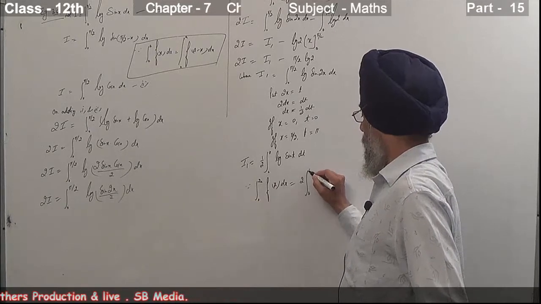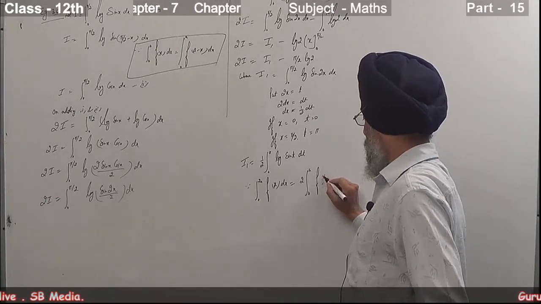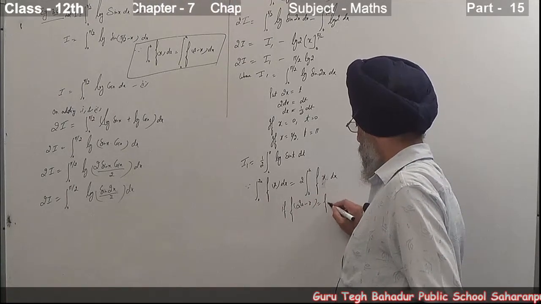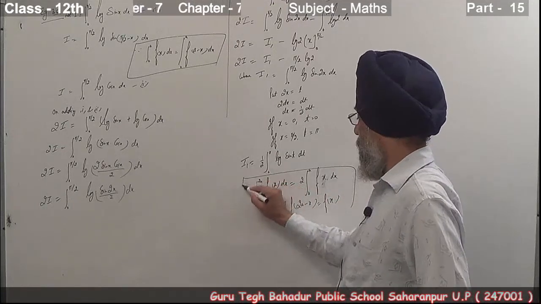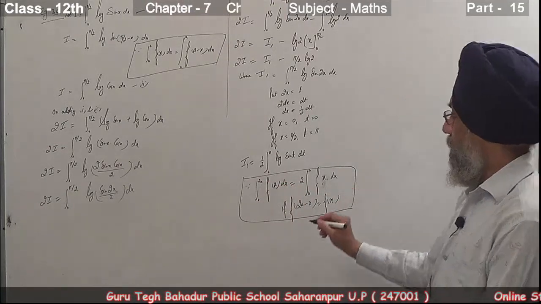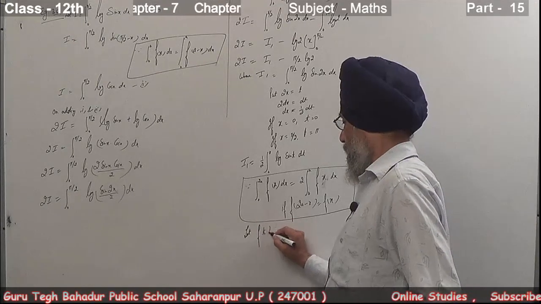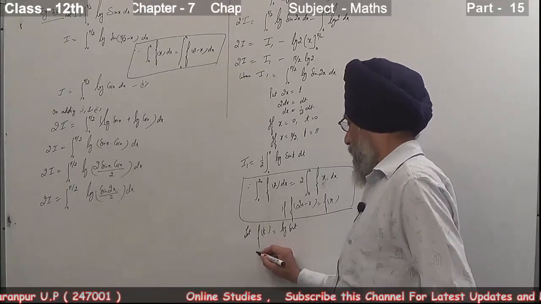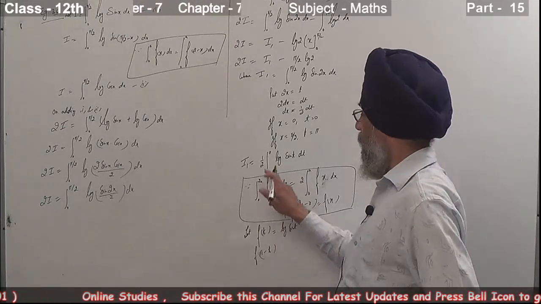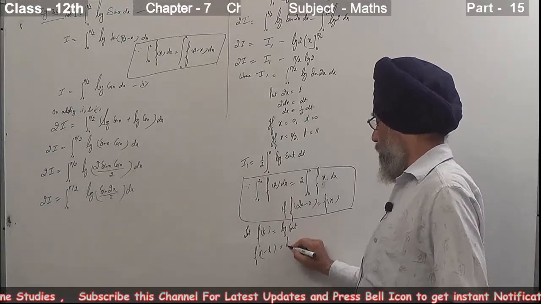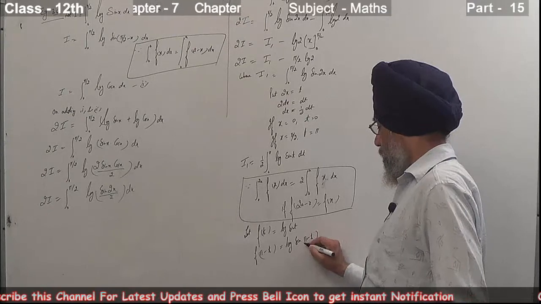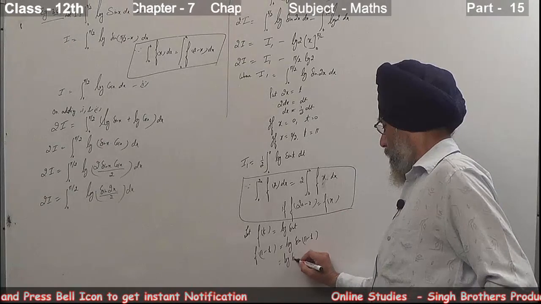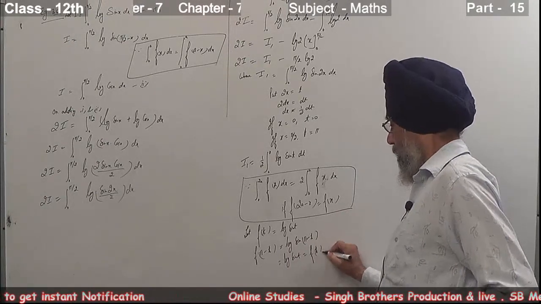If we remember the property that the integral from 0 to 2a of f(x) dx is equal to 2 times the integral from 0 to a of f(x) dx if f of 2a minus x is equal to f(x), we will use this property here. So let us take f(t) as log sin t. f of pi minus t, because in place of 2a we have pi here, becomes log sin pi minus t, which is equal to log of sin t, that is f of t.